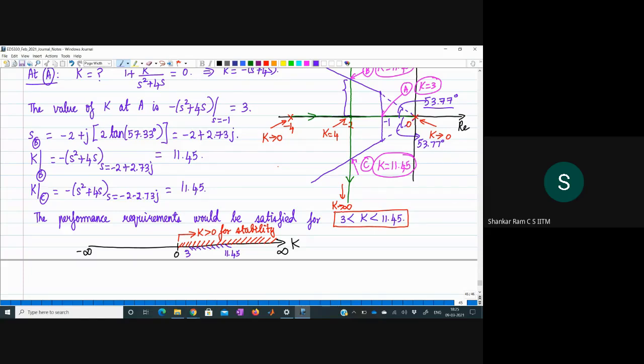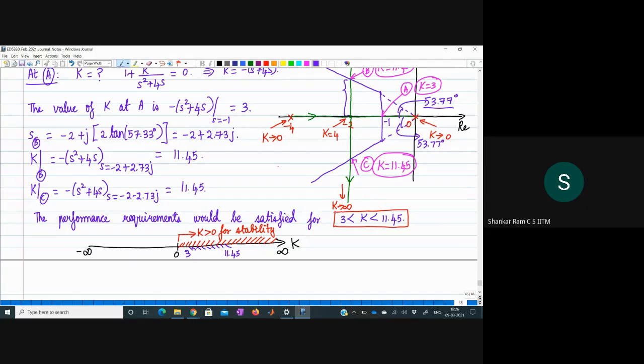Just to reiterate the impact of what we have done, initially we start from K between minus infinity and plus infinity. That's a big range. Using Routh's criterion, we shortened it to 0 to infinity, but it's still a big range. But using root locus and the performance criteria that we have discussed, we narrowed this down to 3 to 11.5. This is a relatively smaller range.